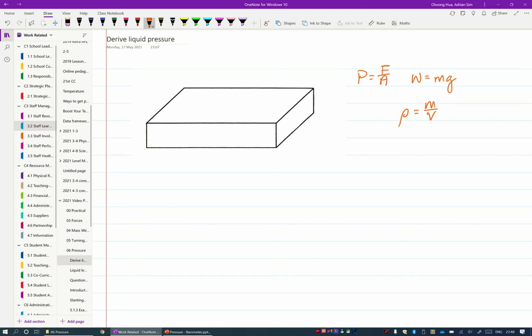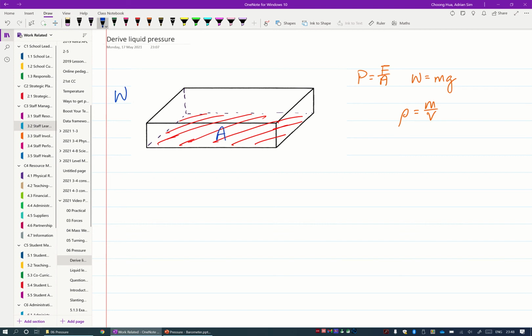So the question for this part is, if you're familiar with pressure equals force over area, so for this particular object, if this is actually a box, what you're interested in is this area and the weight of the box, right?